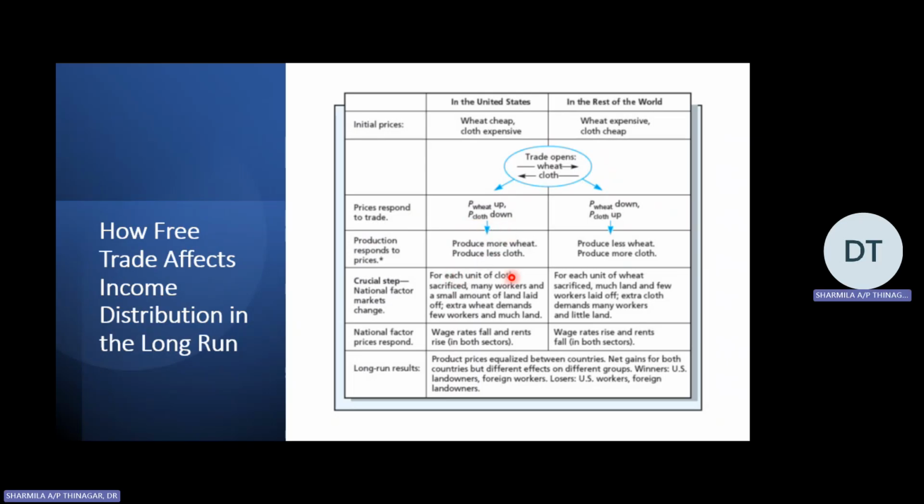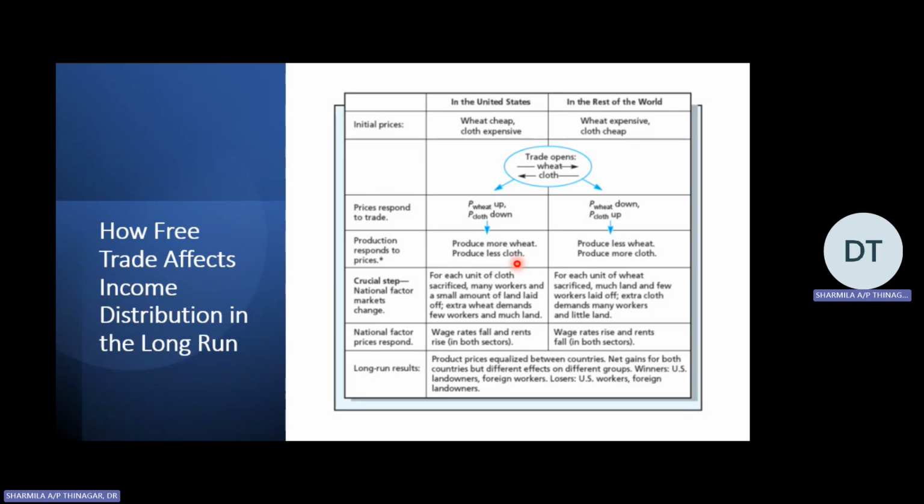Then, for each unit of cloth being sacrificed, many workers and a small amount of land are being laid off. Wheat, you guys know what is wheat, right? Rice comes from the wheat. So to grow wheat, you need more land.